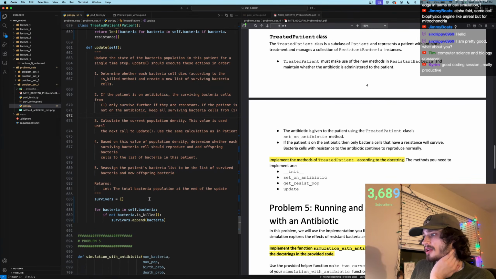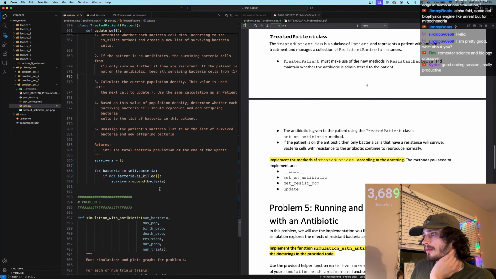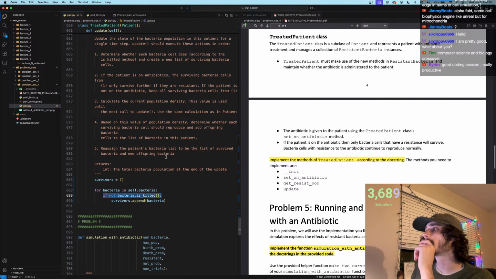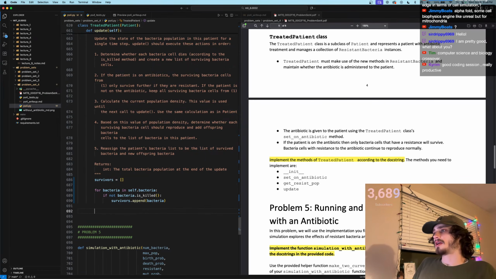Okay, so then we're looping through the bacteria. So for bacteria in survivors.